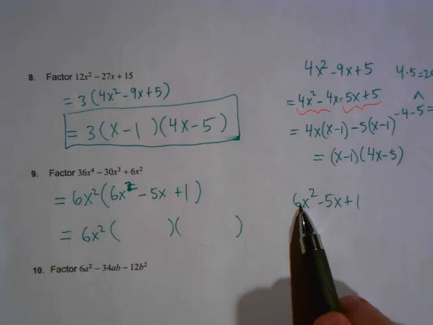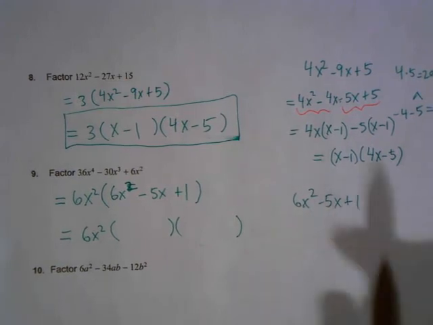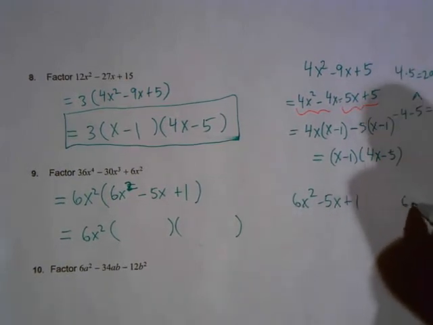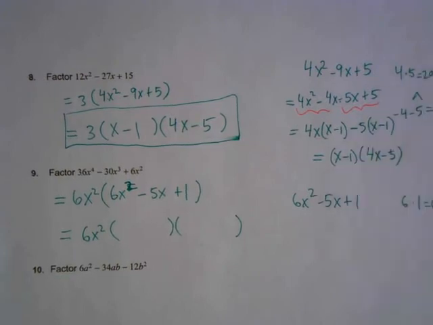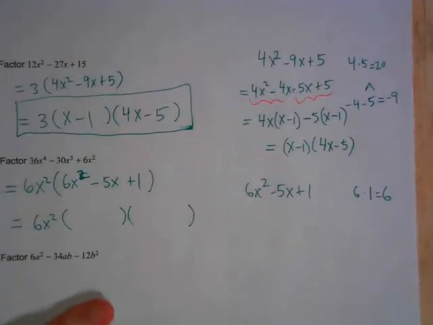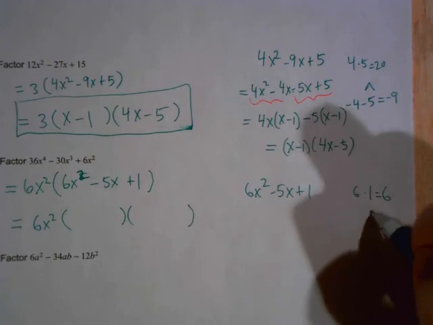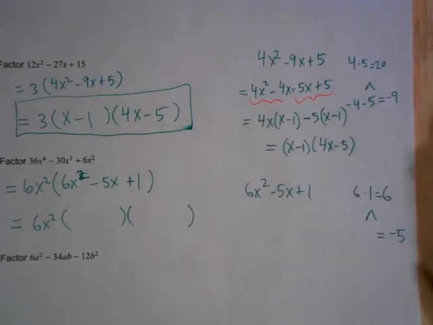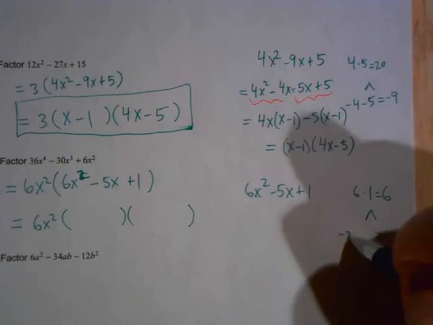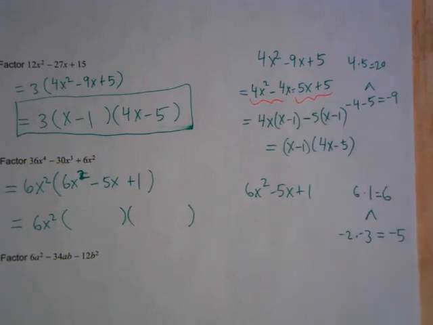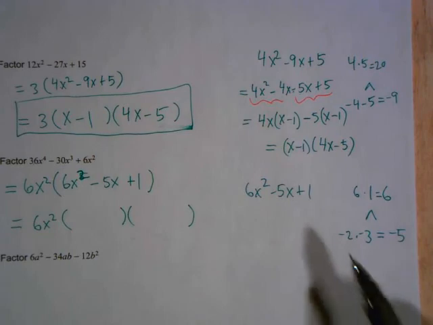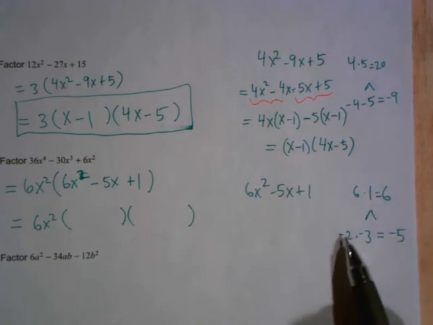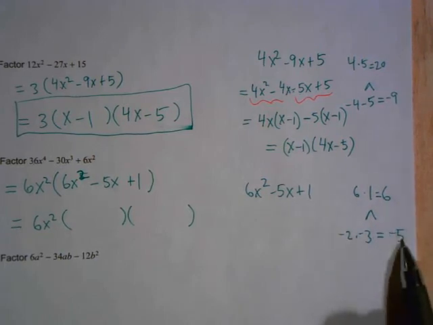This is not the number 1. There are 3 pieces. I multiply the ends. 6 times 1 is 6. I need to split up the number 6 so that I get a -5 in the middle. How about -2 and -3? -2 times -3 is 6. -2 plus -3 is -5.